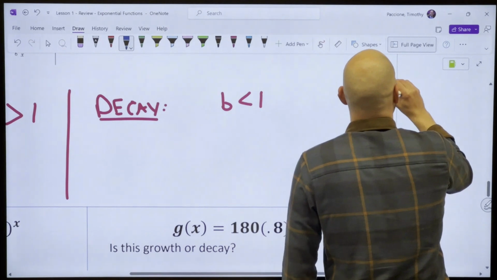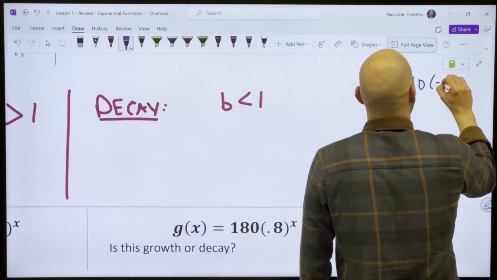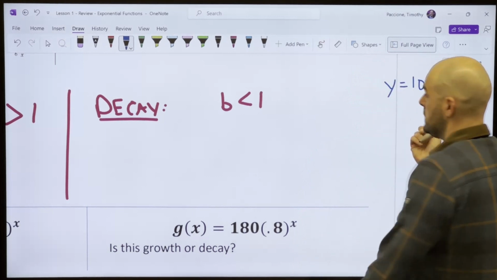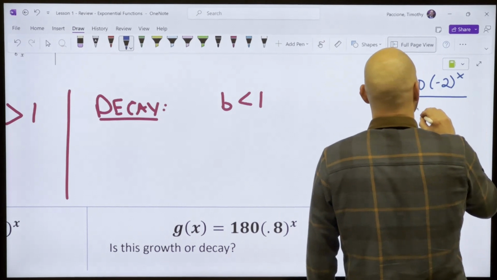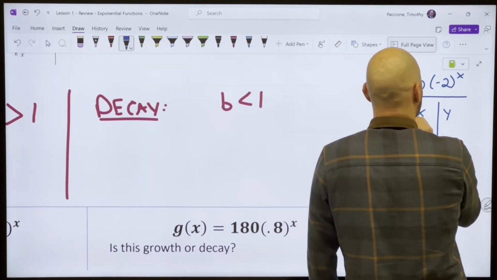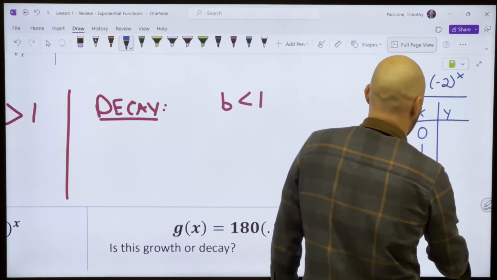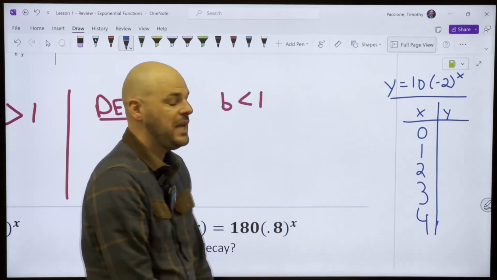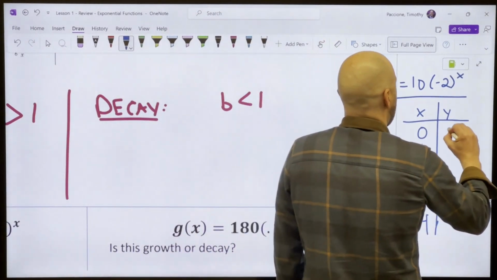Let's say I have y equals 10 times negative 2 to the x. That's a b that's negative, right? And I'll make a table: x, y, with 0, 1, 2, 3, 4. It will be very inconsistent. Let's see what happens. Well, we know 0 will be our a value, 10.